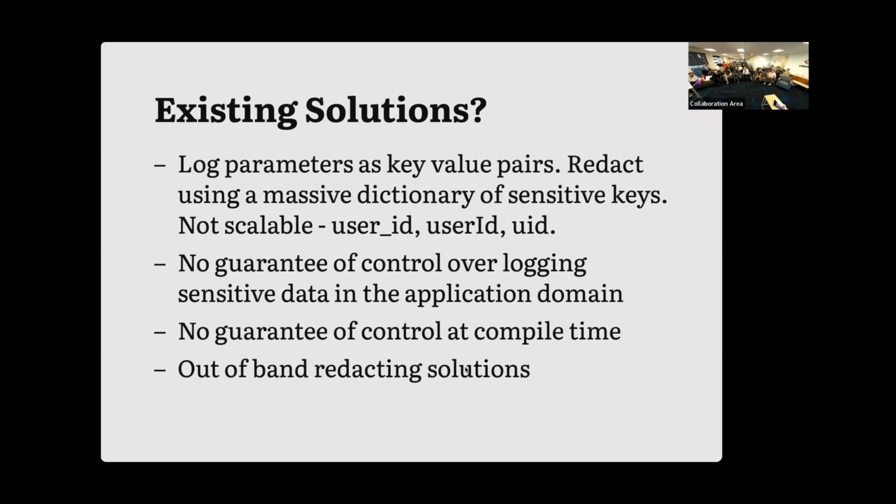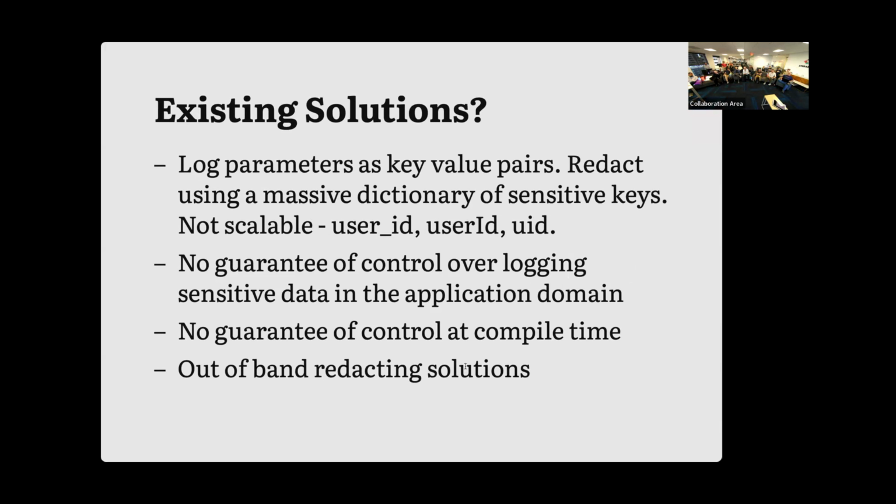Some of the existing solutions use key value pairs where the key says what type of field it is, but there's a problem with that. A key may be called by any name. User ID may be user underscore ID or UID or whatever. Then you maintain a huge dictionary of keys and match against that.